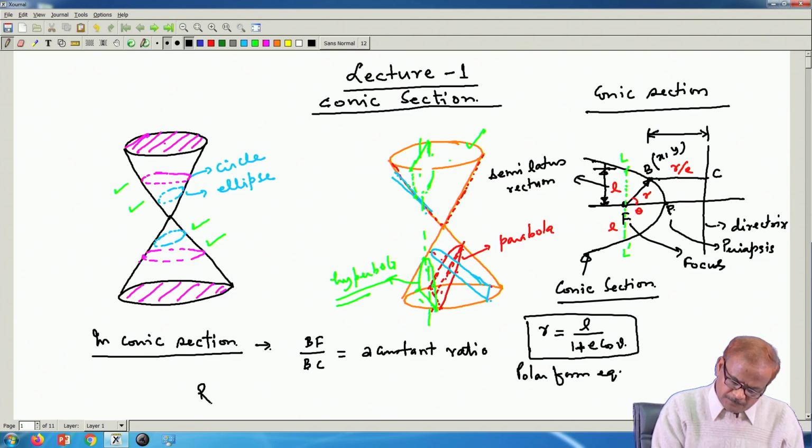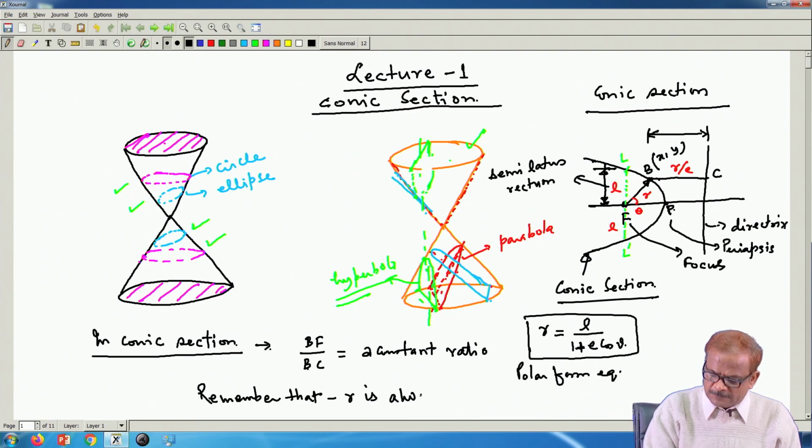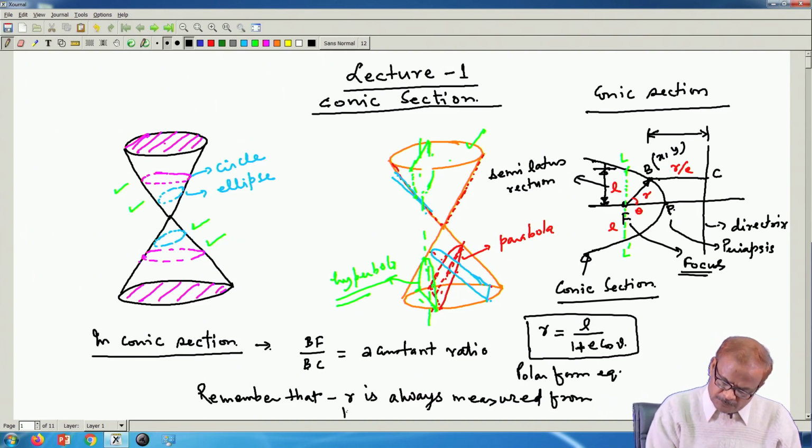And remember that r is always measured from the focus, which is shown here. F is the focus, always measured from the focus.